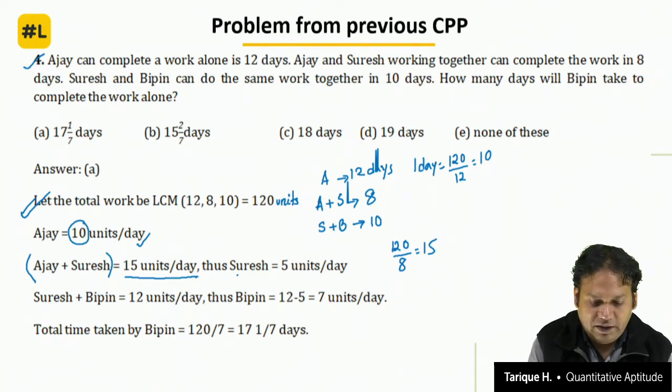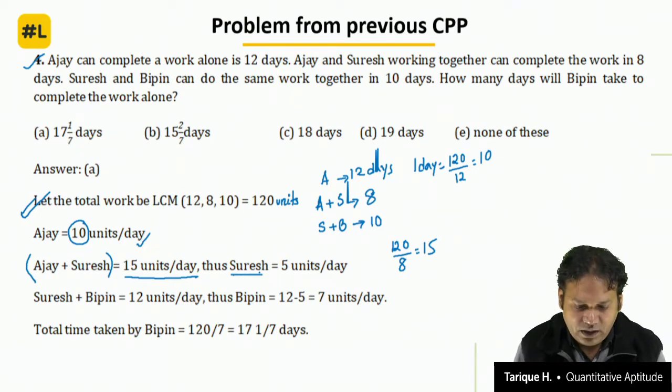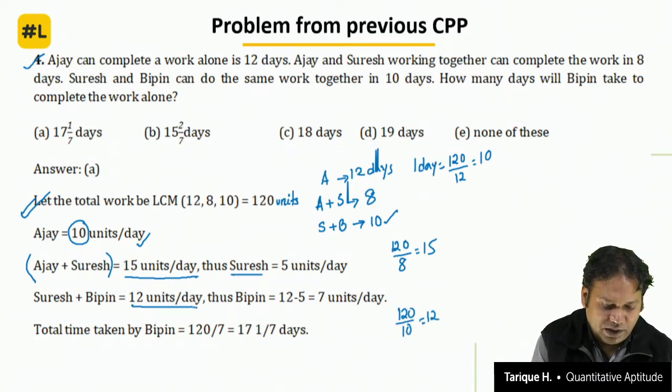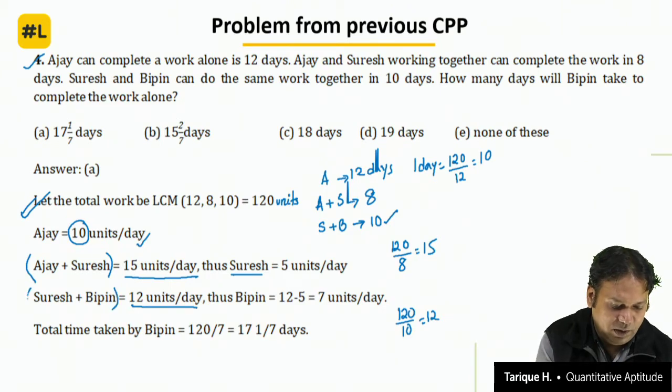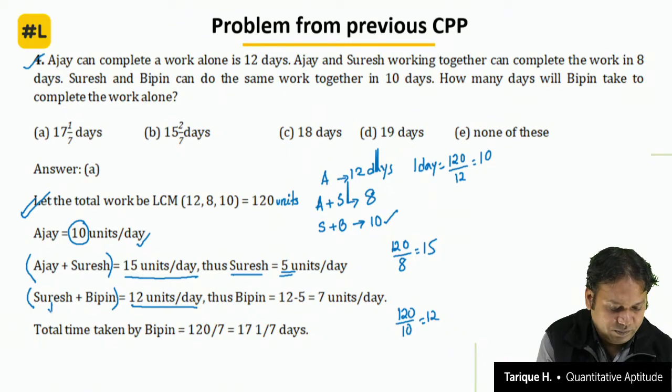So subtracting 15 minus 10, we get the units of work per day for Suresh. Now Suresh and Bipin can do the work in 10 days, dividing 120 by 10, we get 12. That's how we have got this 12 units per day for Suresh and Bipin, out of which Suresh's per day work is 5 units.